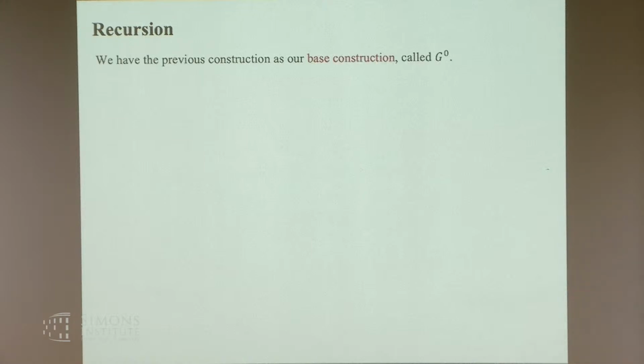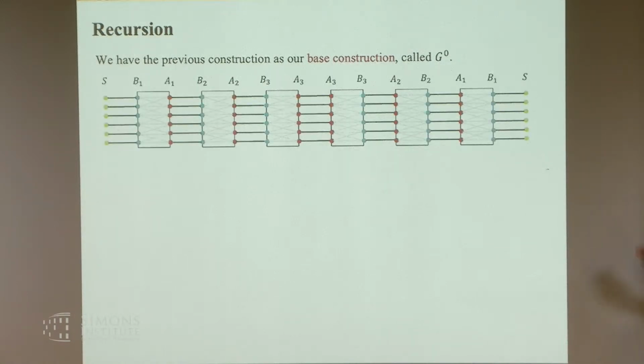So we use a recursion on the construction that we previously had to make the lower bound stronger. We start with our base construction, which we call G0. This is exactly the same construction that we used for the previous lower bound.